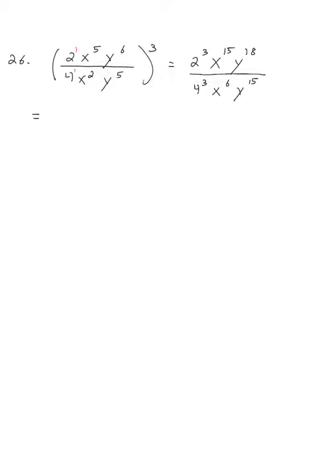Dealing with the numbers first, 2 cubed is 8, and 4 cubed is, I believe, 64. Then we have x to the 6th and y to the 15th. So 8 goes into 64, I mean, this is no surprise, it goes into itself once, it goes into 64 twice.